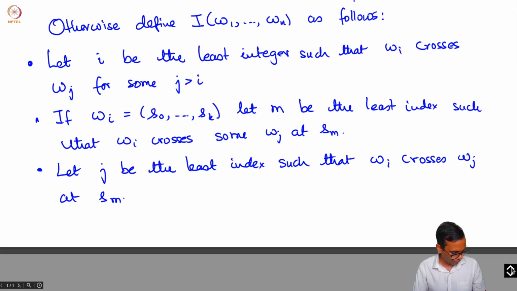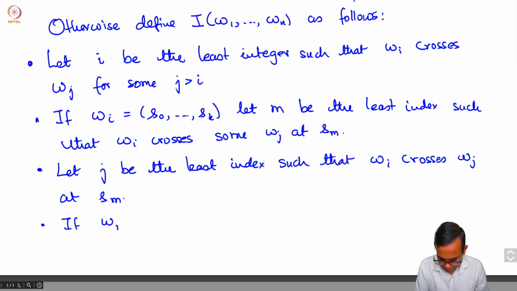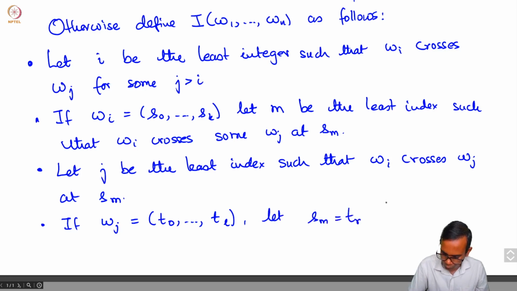And if omega_j is the path t_0 up to t_l, let's say that s_m is t_r, the point of crossing, which we'll call P.